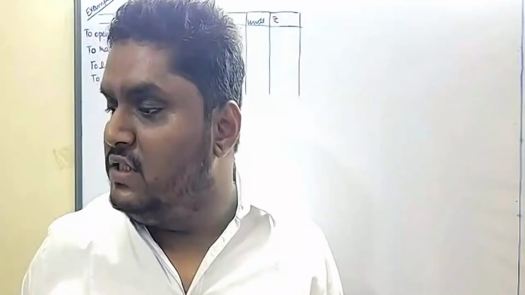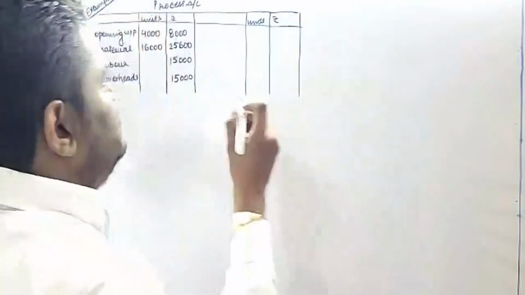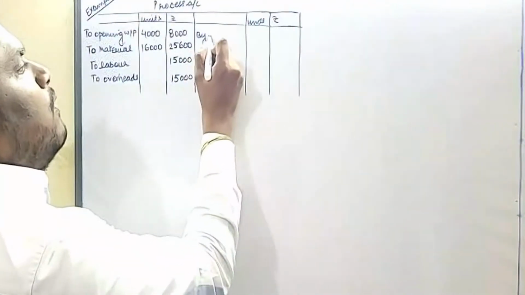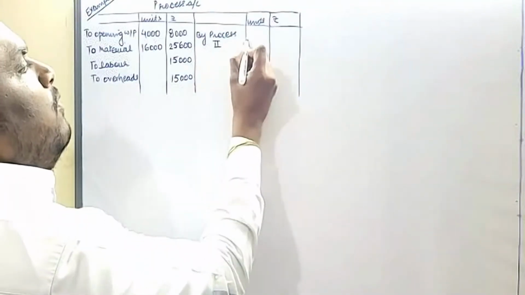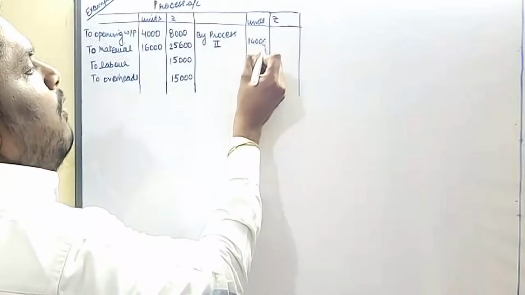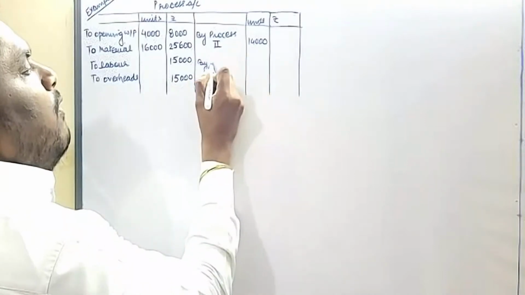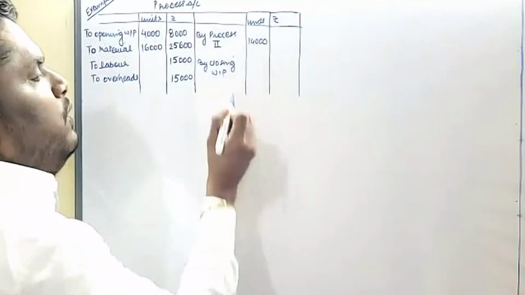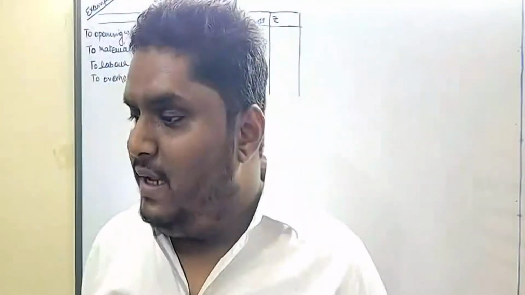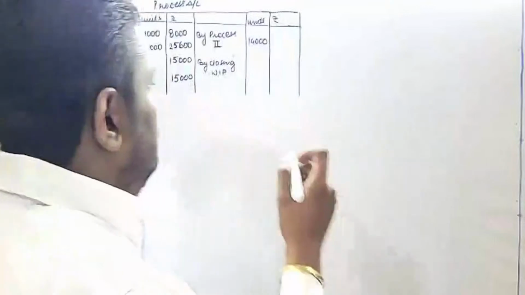Further, the units transferred to the next process is 14,000, by process second, 14,000. And by closing work in progress is 6,000.